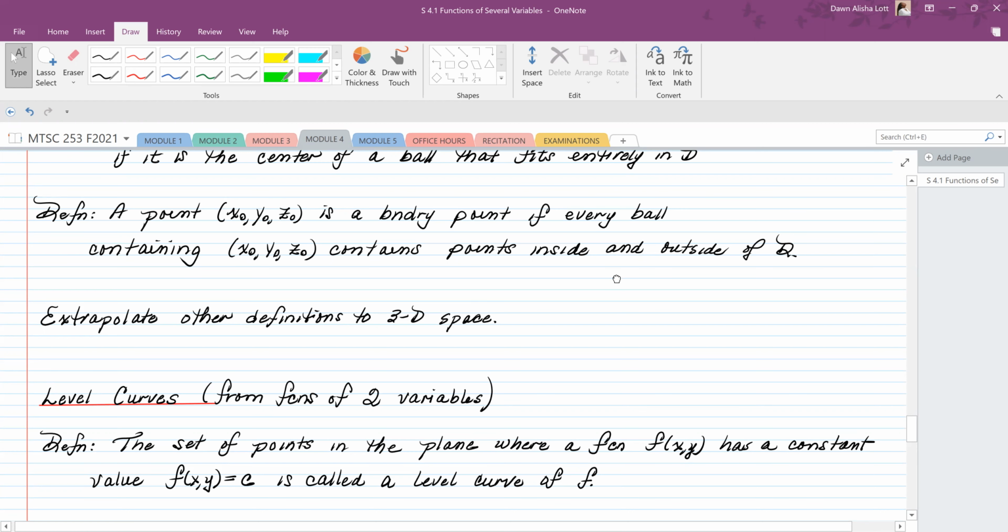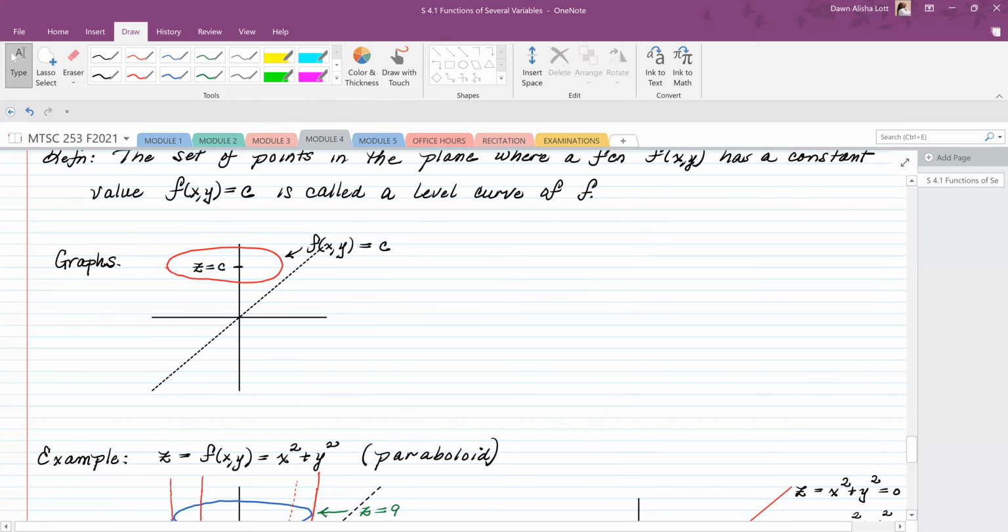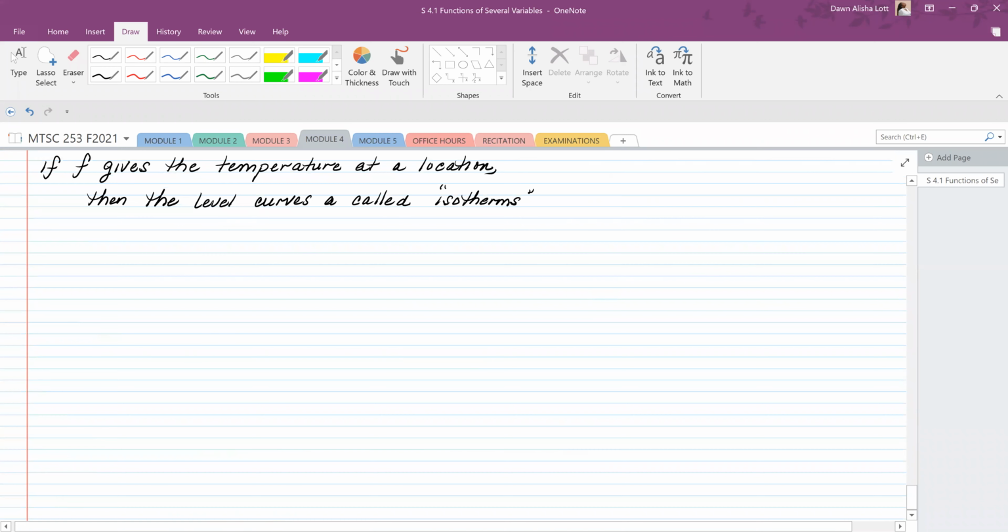Okay, level surfaces, on the other hand, come from functions of three variables.